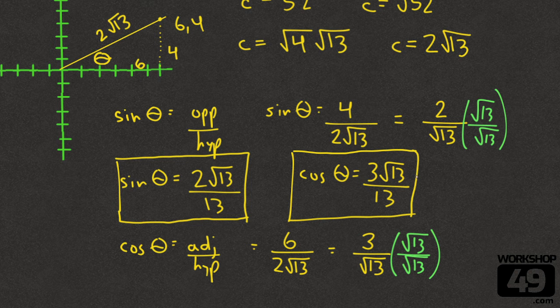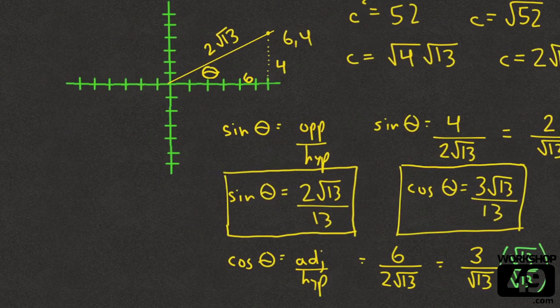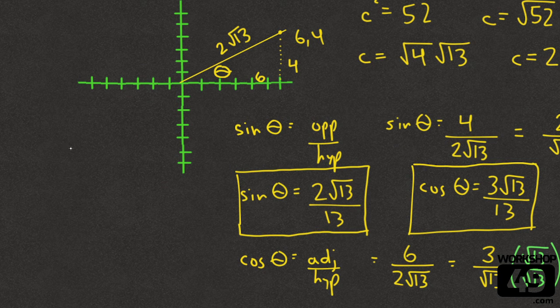Tan is cute. Tan is cute, and I'm just going to move this over a little bit, and we're going to do tan in the space that we have left, because tan of theta is equal to the opposite over the adjacent, and after all that hard work, tan of theta is going to just feel delightful.